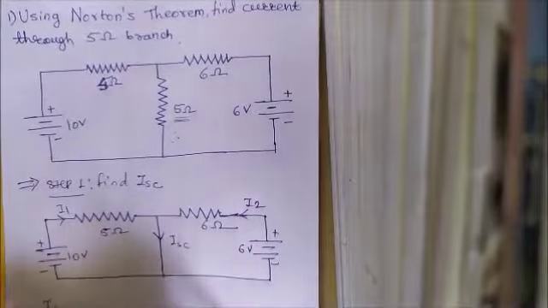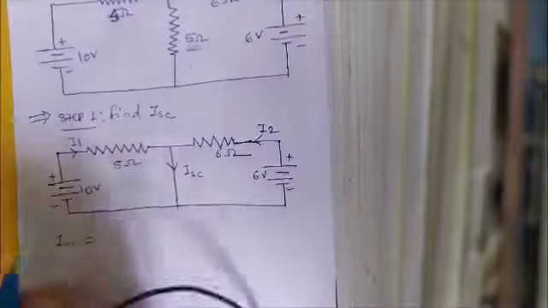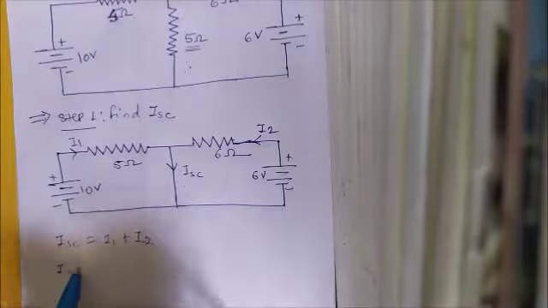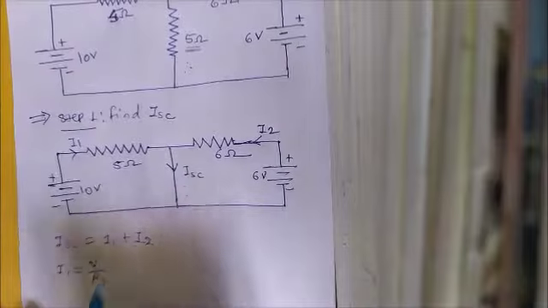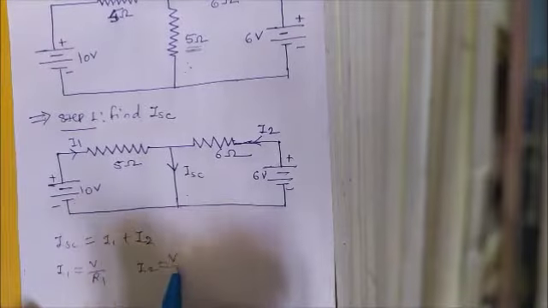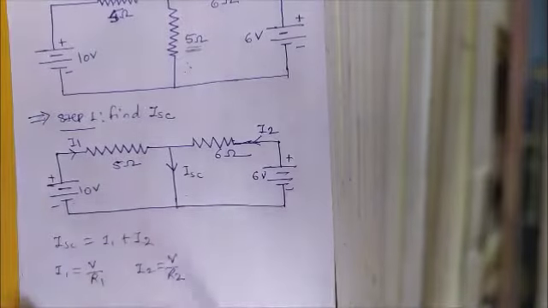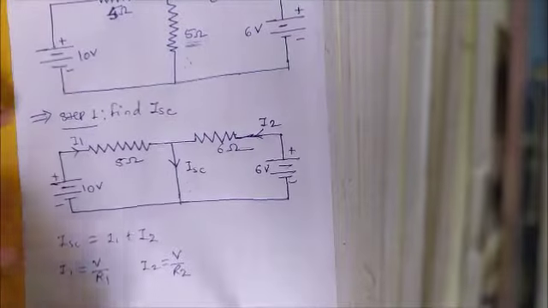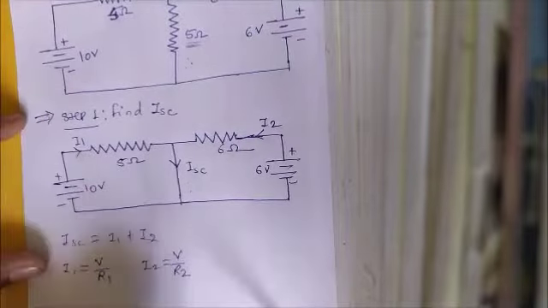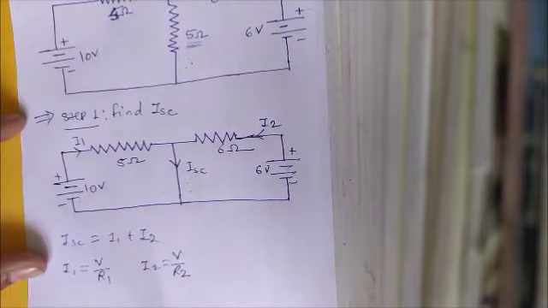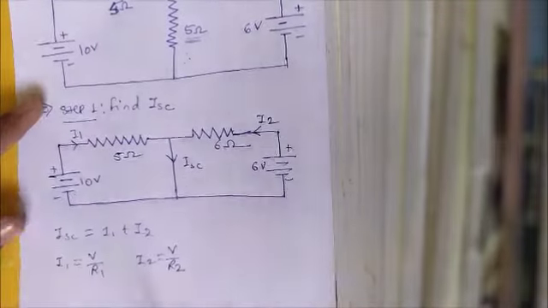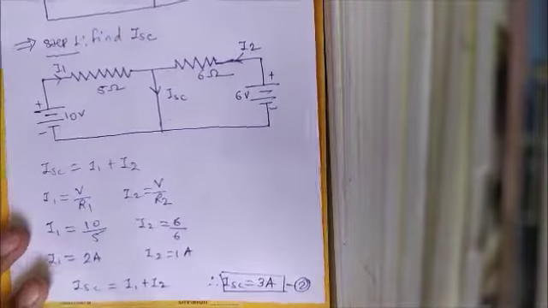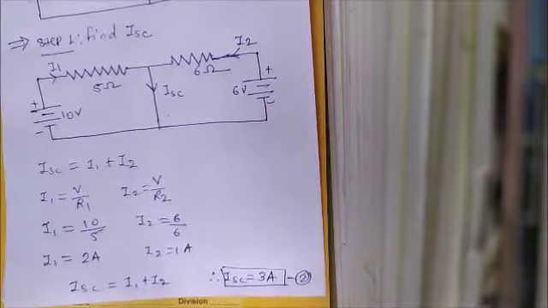Hence ISC will be I1 plus I2, where I1 equals V by R1 and I2 equals V by R2. So calculate this. This is your short circuit current ISC, which is 3 ampere.